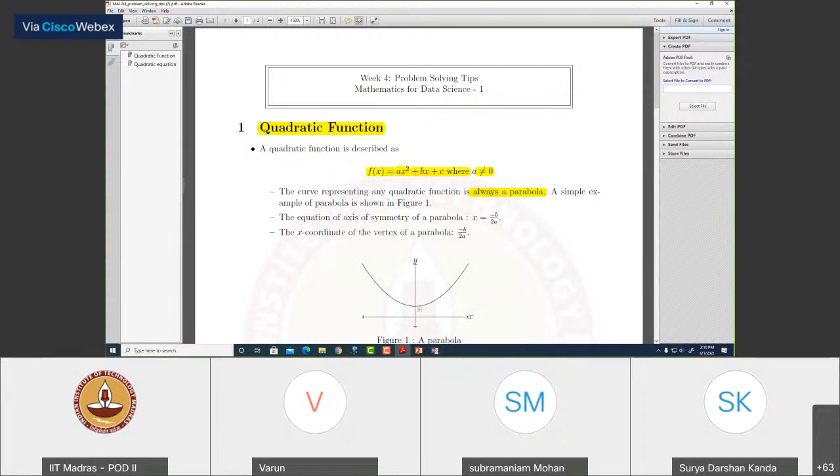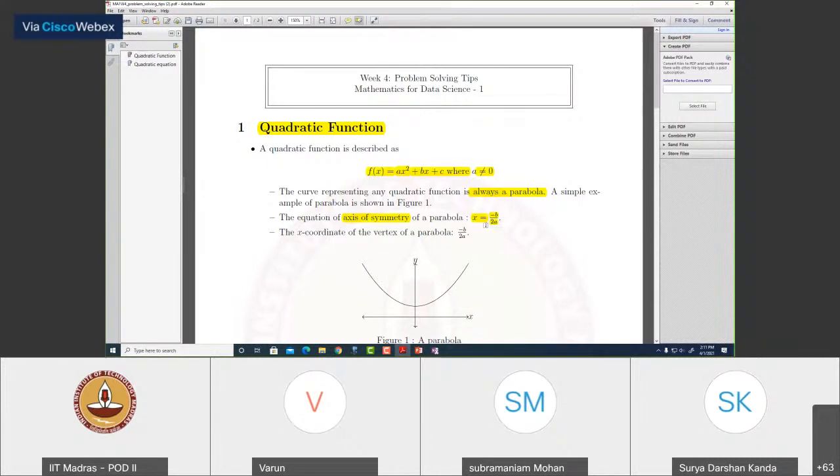What is the axis of symmetry? It is the axis about which the parabola shape is symmetrical. How do we find that? It is x equals minus b by 2a.